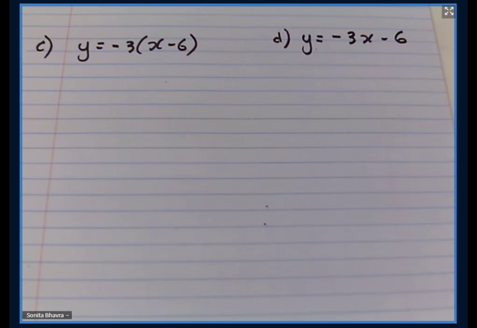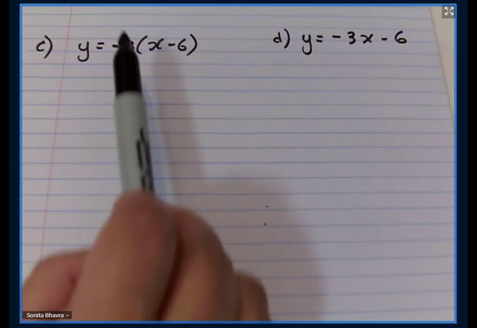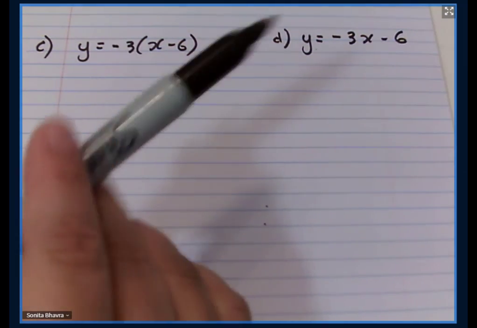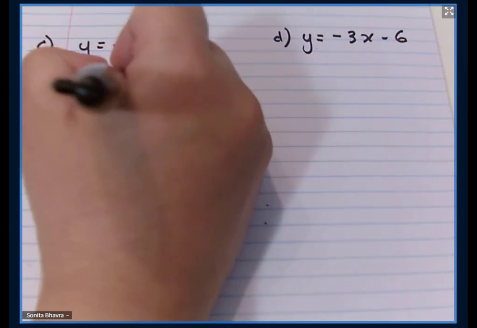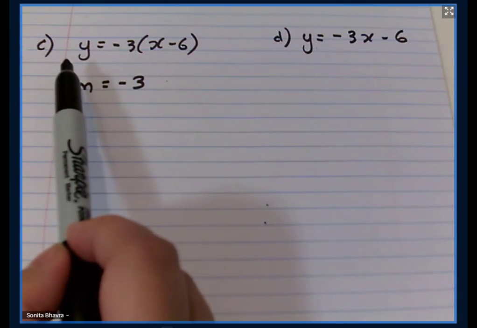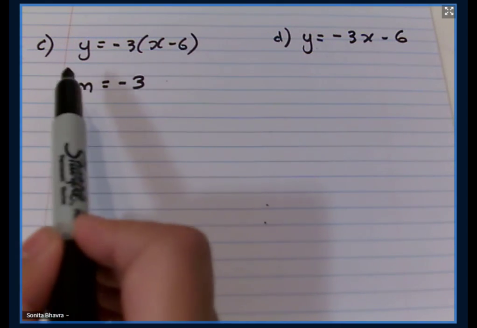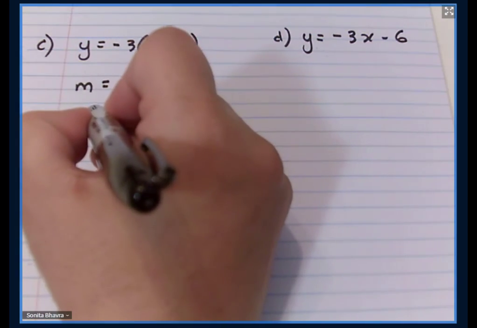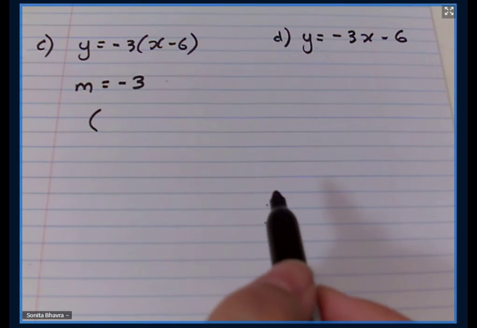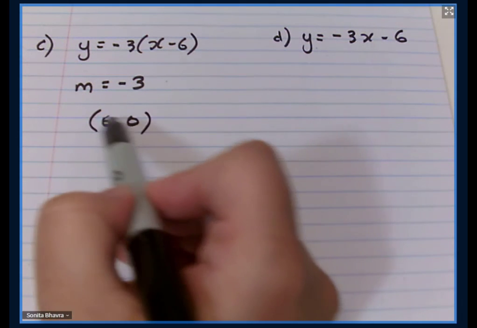Looking at the next example, example C, our slope is still here. Our slope is negative 3. And here we don't have another point for our y minus y1, so it would be 0. So our point on the line would be at positive 6 and 0.